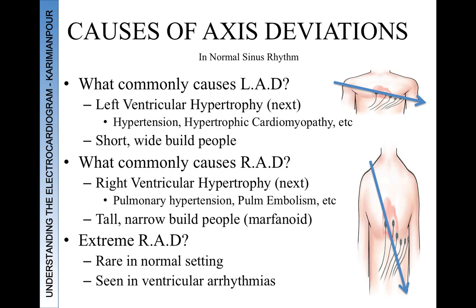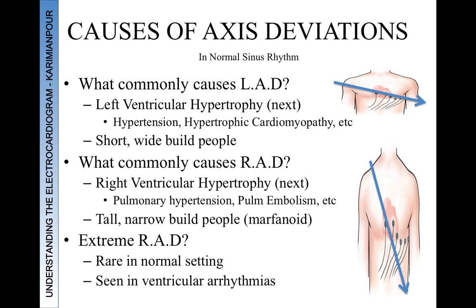People who have a short and wide build, and the heart is lying more, for lack of a better term, flat on its side, may also have a left axis deviation. What causes right axis deviation? Similarly, right ventricular hypertrophy from pulmonary hypertension, pulmonary embolism, and so on and so forth, can cause more electrical current and voltage to go towards the right side of the heart, and that can cause a shift in the axis towards the right side.